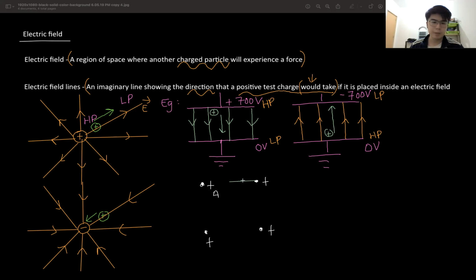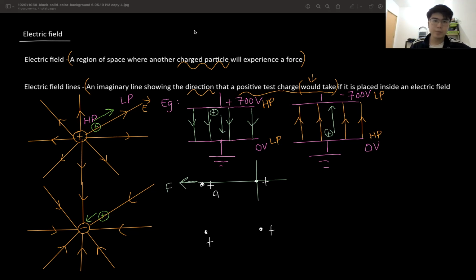You know that the electric field lines always go outward, right? So I can draw one particular line joining this charge to here. So charge A will experience a force from this charge going in this direction, F.